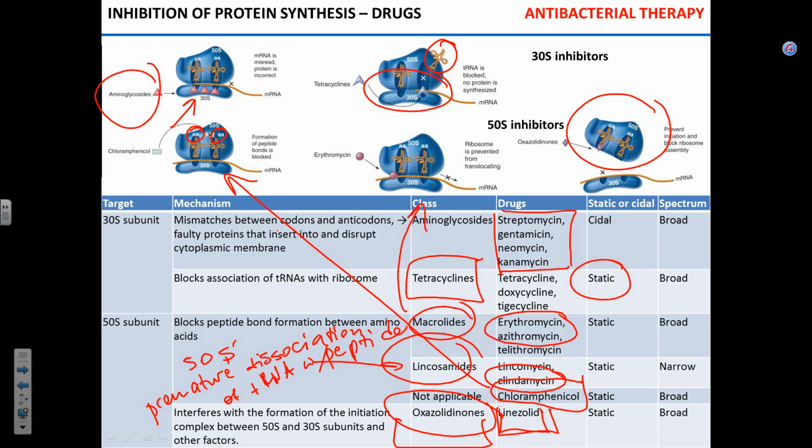No. But mechanisms, yes, I want you to know that. And without hesitation, that's probably the hardest portion. Seriously, that's the hardest portion of the drug part. Does that make sense? Focus on this. Spend some time on this. Okay? Is that clear? Any questions?